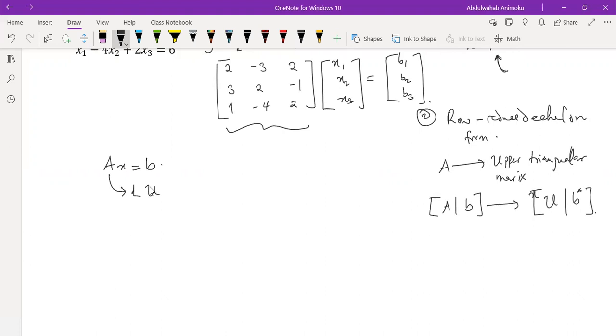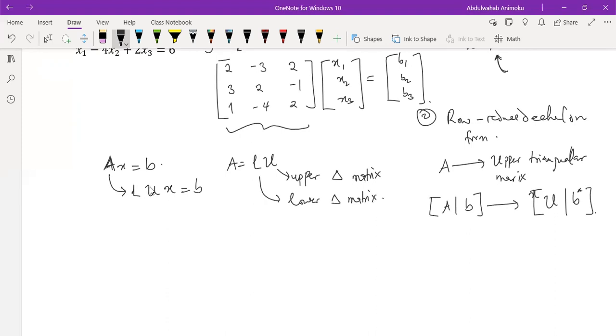So we are decomposing A into L times U, where L and U are matrices as well. So we let A become LU. Now, U will be an upper triangular matrix, and L will be a lower triangular matrix. All right, I think that's understood.